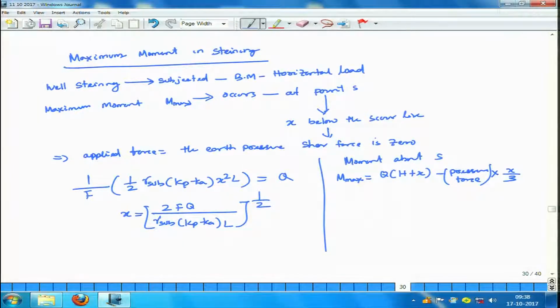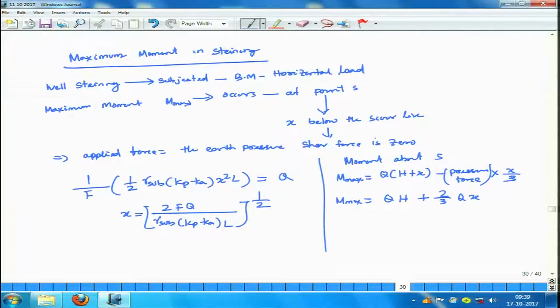So, pressure force is equal to the earth pressure at equilibrium. I can write it, M max is equal to QH plus 2/3 Qx.